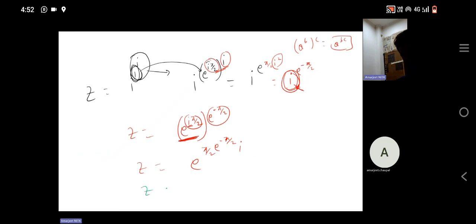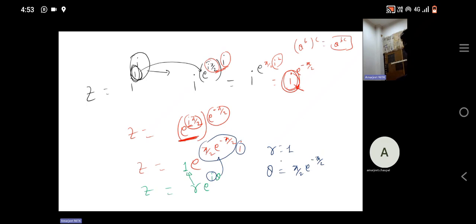If you compare this with z is equal to r into e to the power i theta, what will you get? Here nothing means 1, so the value of r is 1. You have iota here, so the value of theta is this. That means r is equal to 1 and theta is equal to pi by 2 e to the power minus pi by 2.